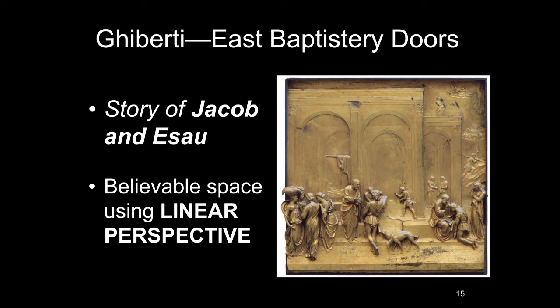And Rebecca suggests that they take the skin with the fur of the kid and put it on his chest and his arms and wherever Esau is hairiest.